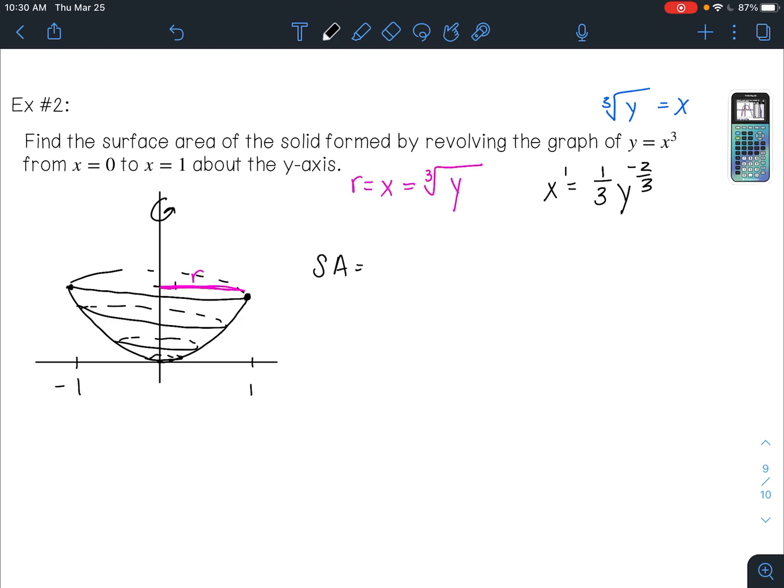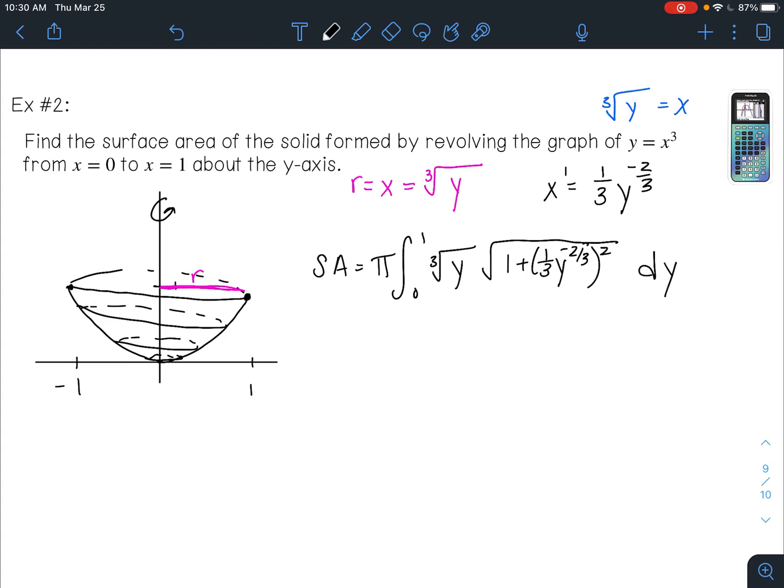So my surface area integral is going to turn into pi, then 0 to 1 of the cube root of y times the square root of 1 plus 1/3 y to the negative 2/3 squared dy. Okay, so then all we're going to do is go to our handy dandy calculators, do second pi, right?